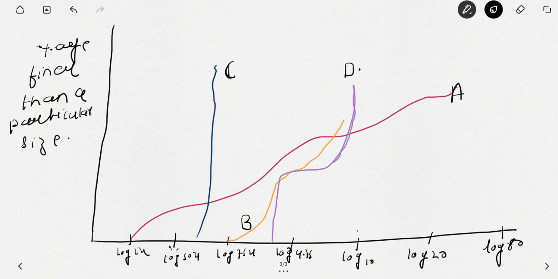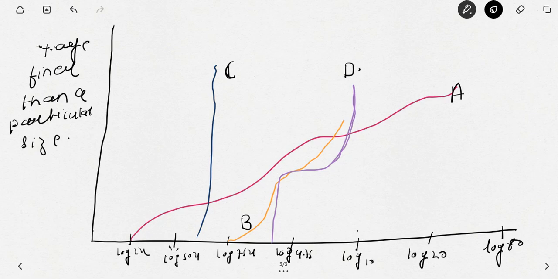Now look at the curve. The starting position of the curve represents the type of soil. For curve A, the starting position is at 2 micron and it proceeds towards the higher sizes. After conducting the sieve analysis and understanding soil classification, we can decide whether the soil is fine grained or coarse grained.